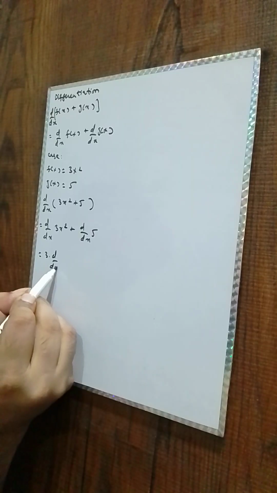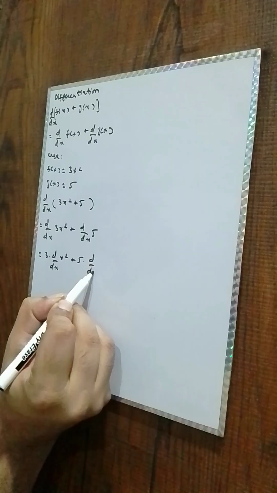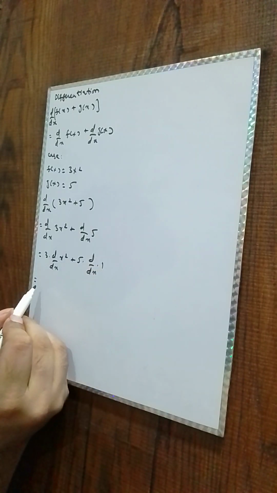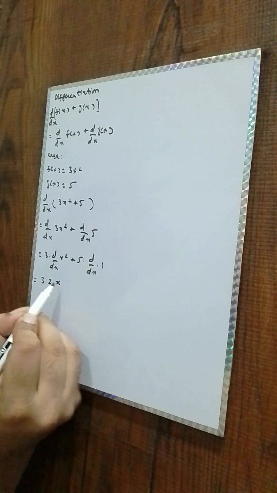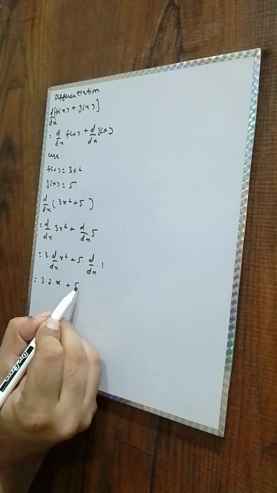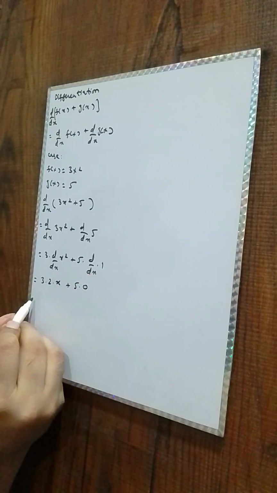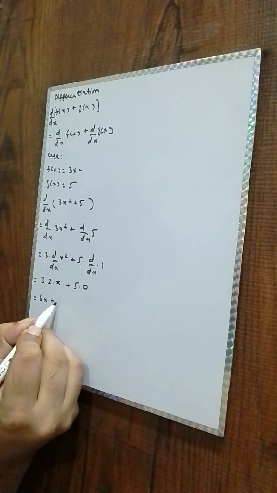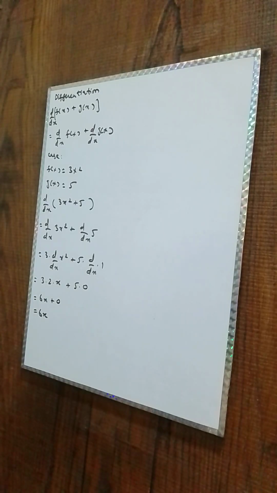So 3 dot d by dx of x square plus 5 dot d by dx of 1. So 3 dot 2 dot x plus 5 dot 0, which means 6x plus 0, or 6x. So for this sum of two functions, we have this derivative.